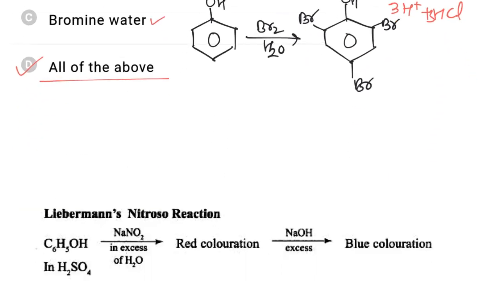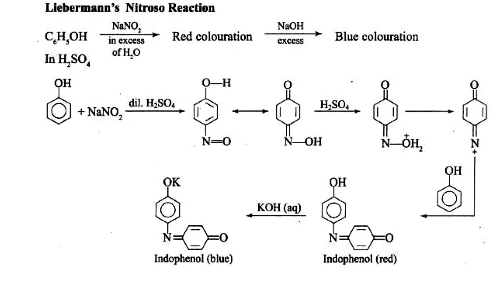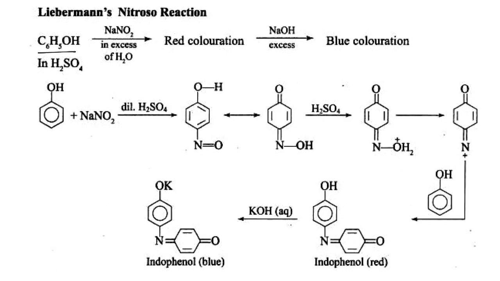Now phenol gives the Liebermann nitroso test. When phenol is treated with NaNO2 in excess of water, a red color compound is formed. This red color compound on reacting with NaOH gives a blue color product. This test confirms the presence of phenol. Phenol on reacting with NaNO2 and H2SO4 forms NO+. This NO+ acts as an electrophile and is attached at the para position of phenol.